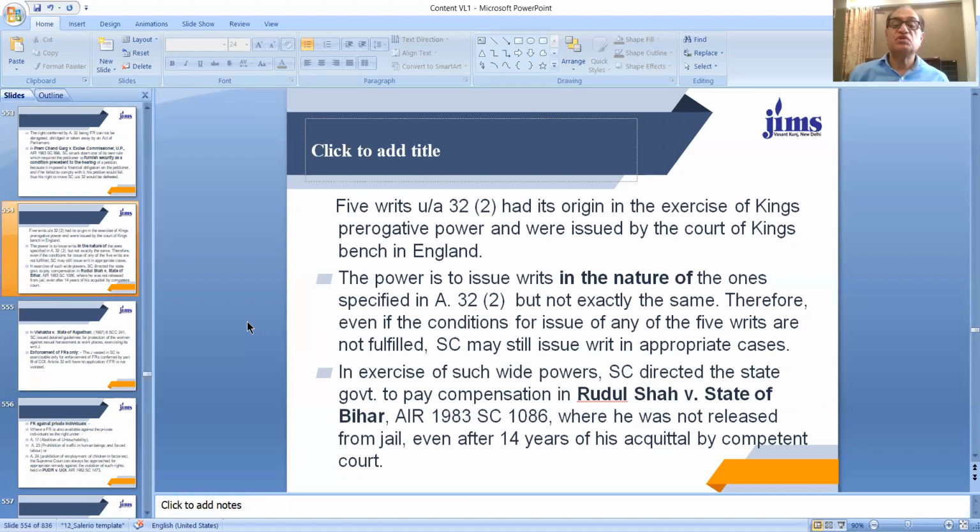The power is to issue writs in the nature of, I have highlighted these words, in the nature of those specified in Article 32 Clause 2, but not exactly the same. Therefore, even if conditions for issue of any of the 5 writs are not fulfilled, the Supreme Court may still issue a writ in appropriate cases. Now take the example of Rudul Shah versus State of Bihar.